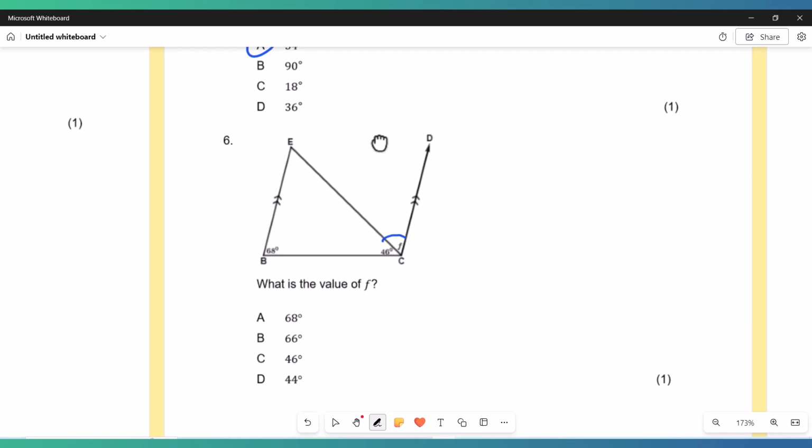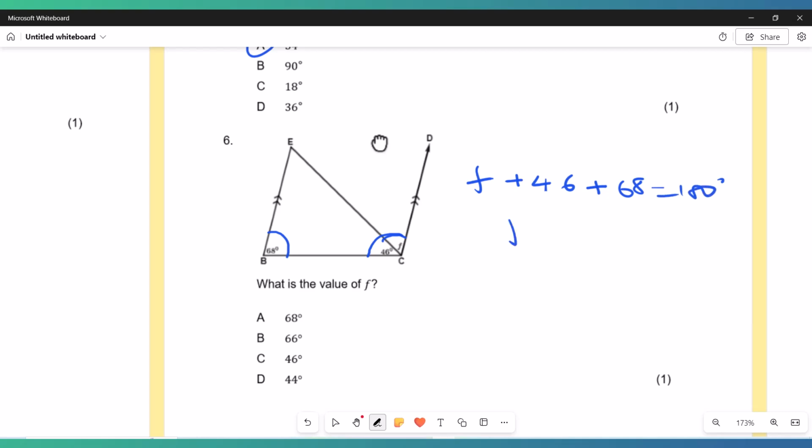These lines are parallel, and angle F plus 46 and 68 combined are co-interior because they're between parallel lines, so they give us 180. So F plus 46 plus 68 must give us 180 degrees.